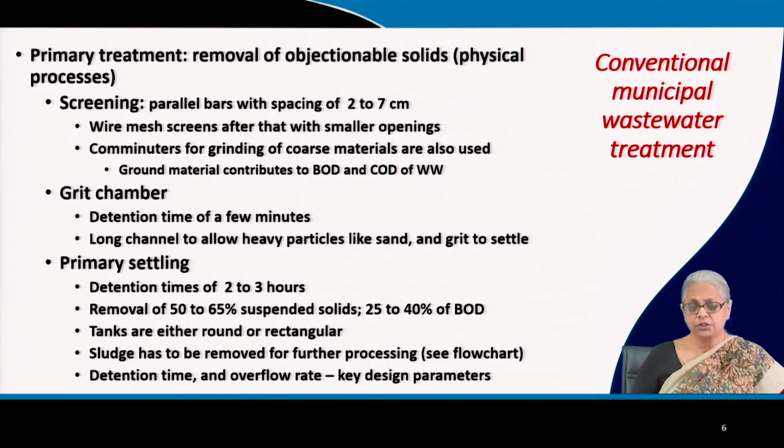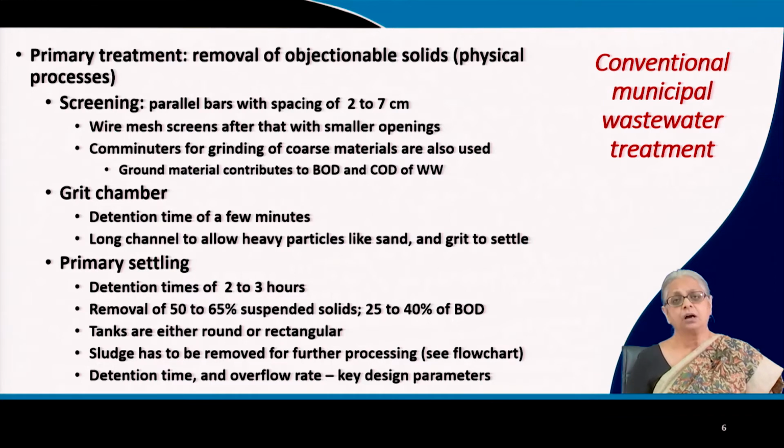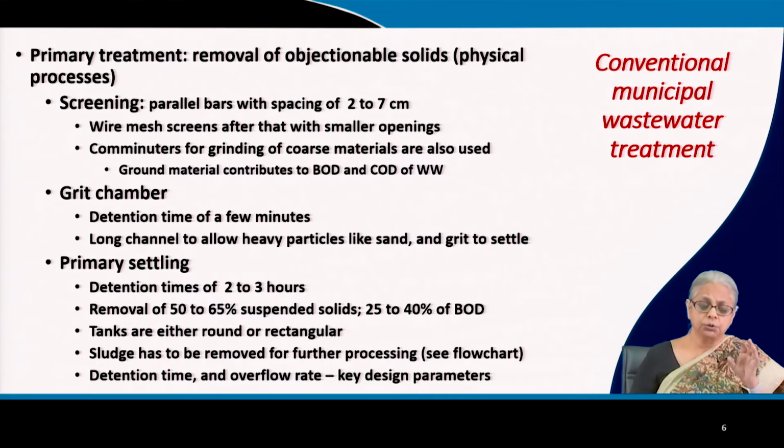The sludge has to be processed. I've already shown you the flow chart, so you know that the sludge coming out of this tank will be taken for anaerobic digestion. So it may have less BOD compared to the biomass coming out of the activated sludge process, but nevertheless it is still taken to the anaerobic digester.